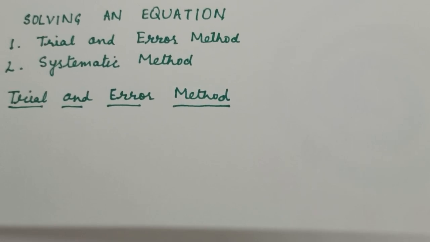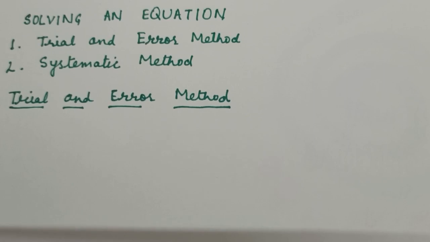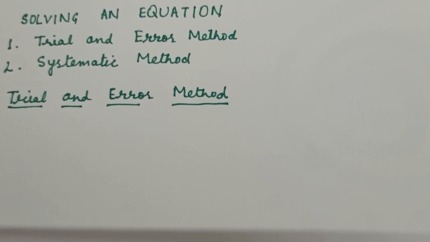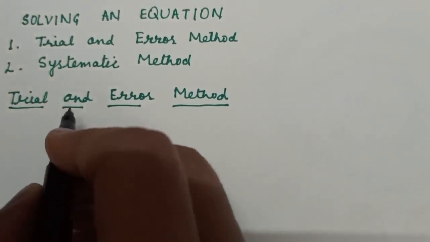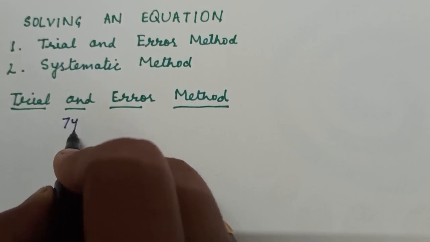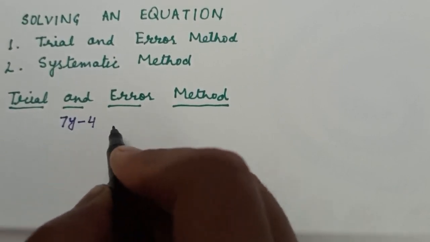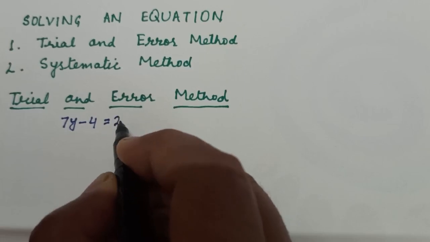Next we have solving an equation. There are two methods given to solve the equation. First is trial and error method and second is systematic method. So today we will discuss the trial and error method. Let us take an example: 7y minus 4 is equal to 24.